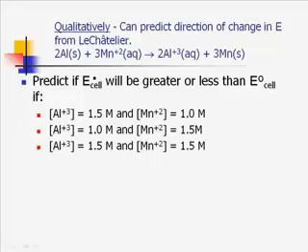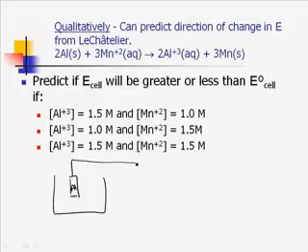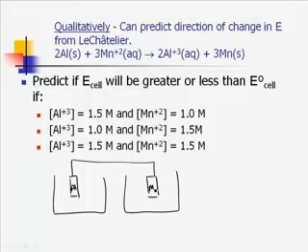Well, first let's figure out what's going on in this. Here we have the aluminum being oxidized. All right, so let's just do a little picture here. Here I have my aluminum being oxidized, and so normally my aluminum goes to aluminum plus 3.